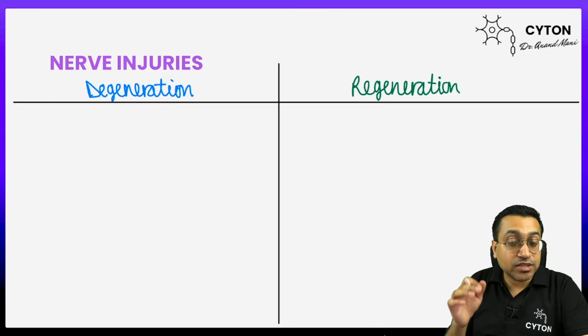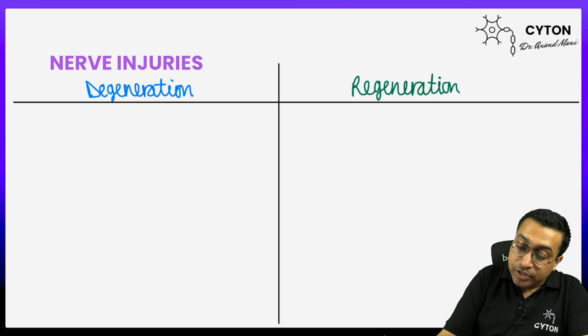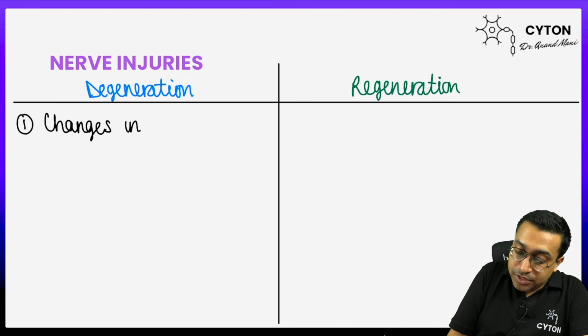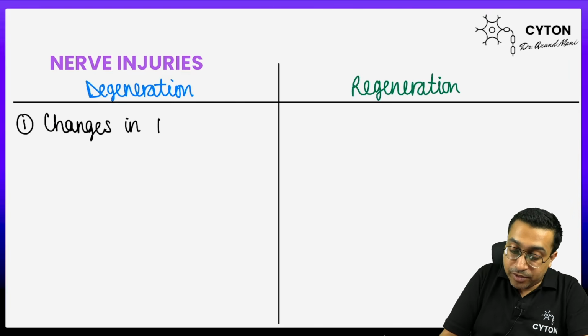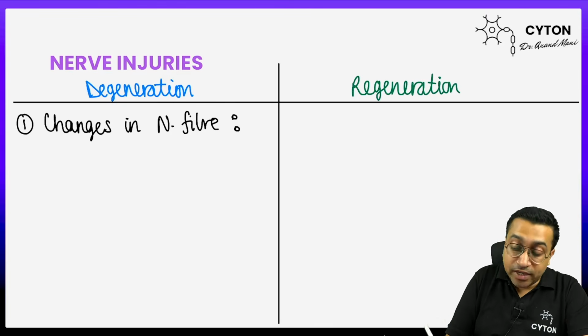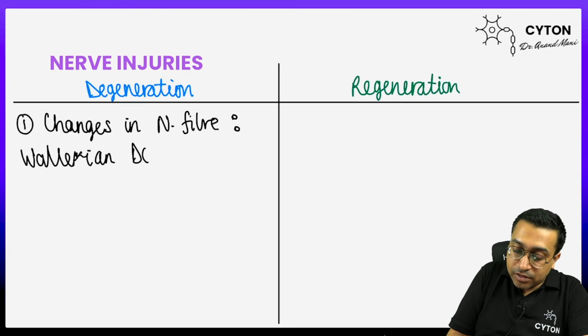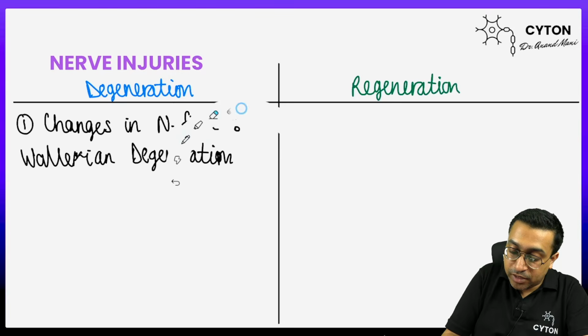Now what are the changes which are actually happening? You can write number 1, changes in the nerve fiber. What are these? Wallerian degeneration. I will show you in the photo also, in a while you will understand better.